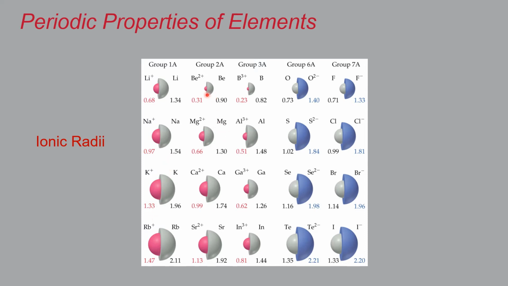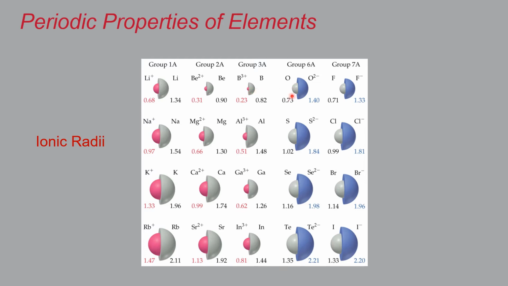The difference is more dramatic the more electrons you take out. Lithium drops down by a factor of 2, beryllium by a factor of 3, boron by almost a factor of 4.